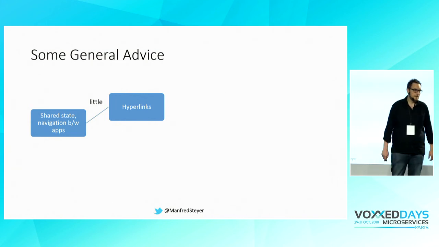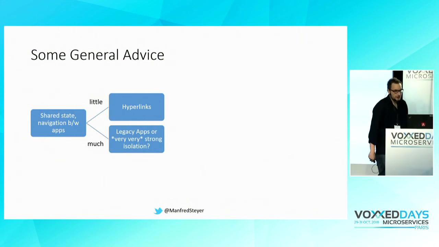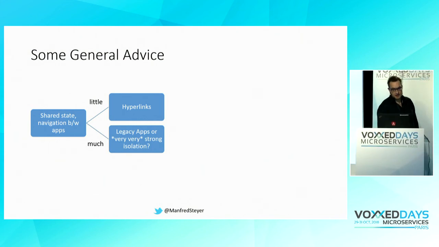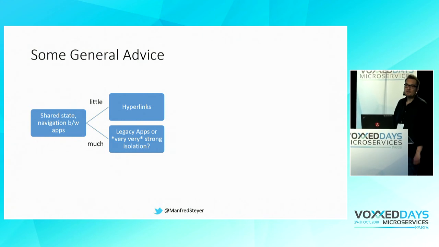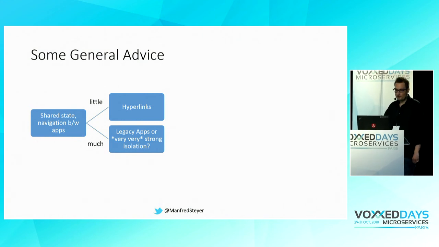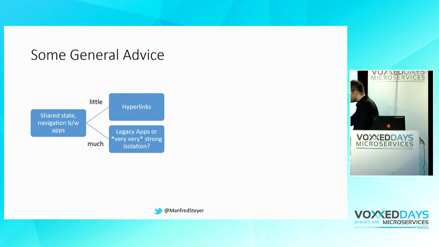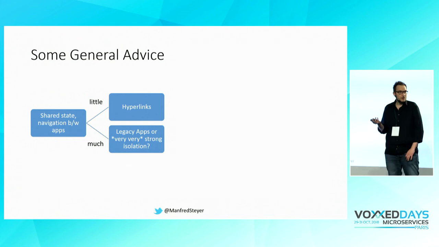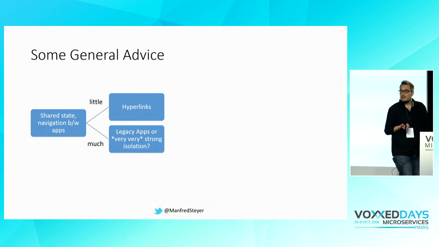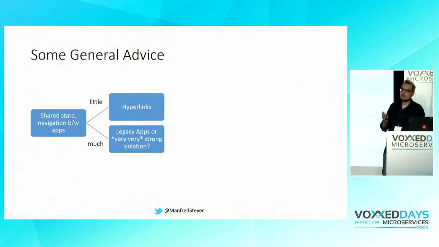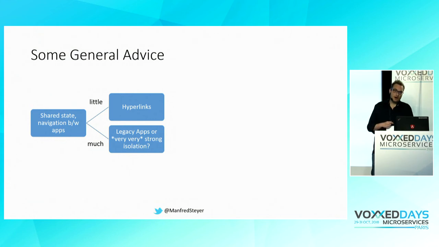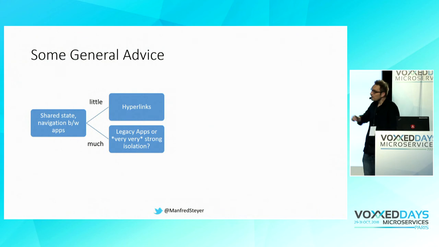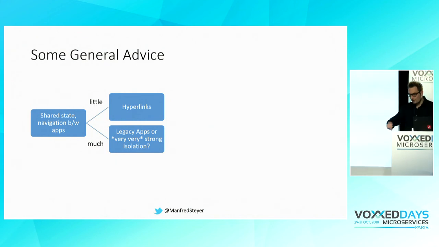When you say, boy, I have a lot of shared state, and the users are navigating a lot back and forth, because a lot of use cases overlap the boundaries of my micro apps, then the next question is, do you need to integrate legacy apps like JSF or ASP.NET, or do you need to have the best isolation you can get on this planet within the browser?